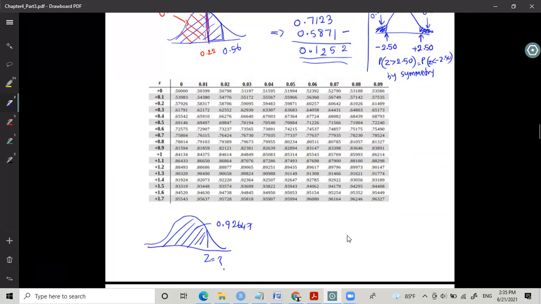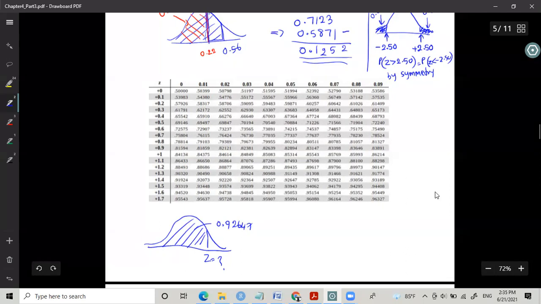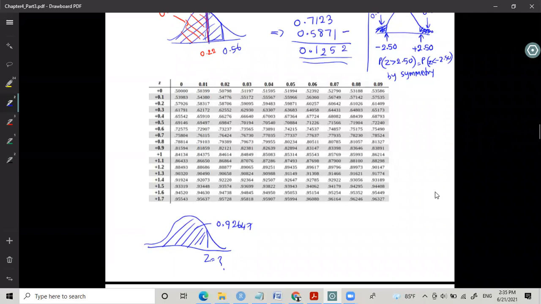What do you have to do? When you see this probability, it is greater than 50%, so it is in the plus z-score. Yes, I have given you a part of the table. You have to find this number or a value closer to that from this bunch of numbers inside. 0.92647. See, you have 0.92647.